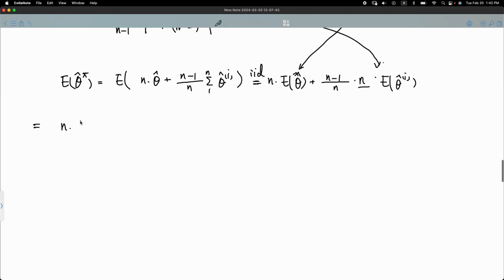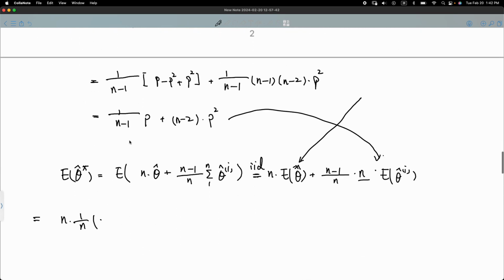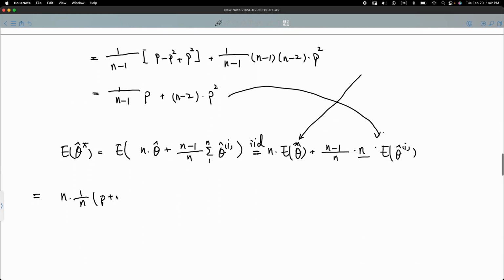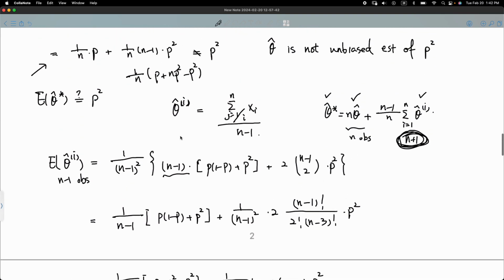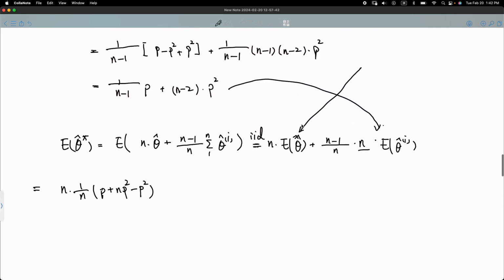Okay, so here I'm just bringing the first part here. So we have 1 over n. Let me just copy paste. P plus np squared minus p squared. Okay, minus a p squared. So here I'm just bringing this component.